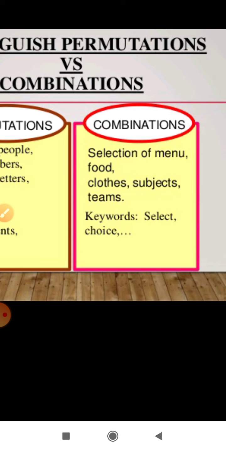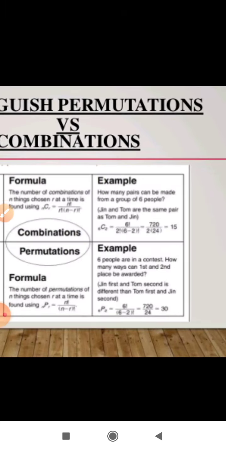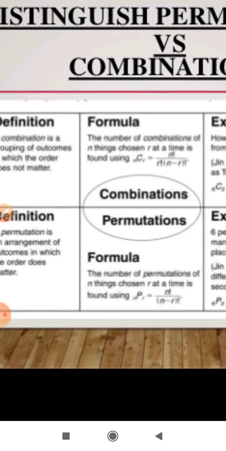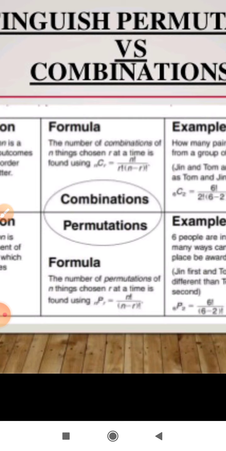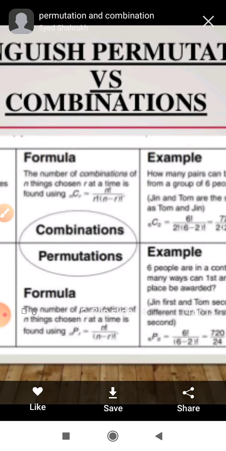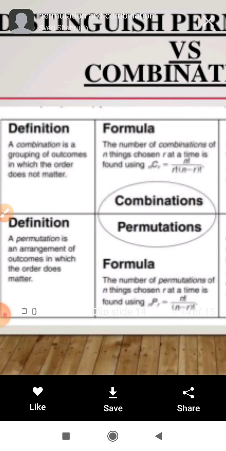Combination is selection, whereas permutation is arranging. So this is the difference between them. The definitions, the corresponding formulas and the corresponding examples are given here. Permutation is arrangement and combination is selection.